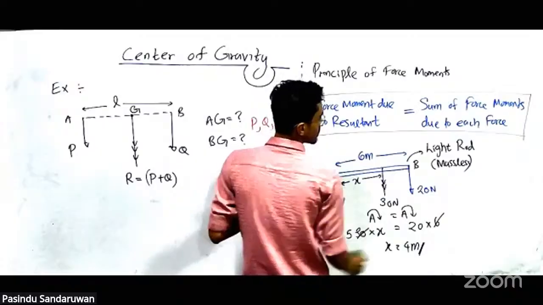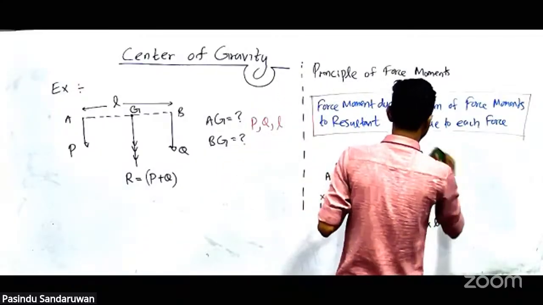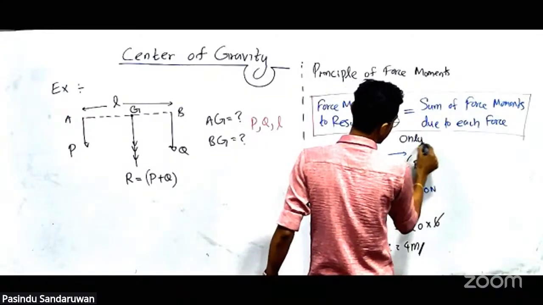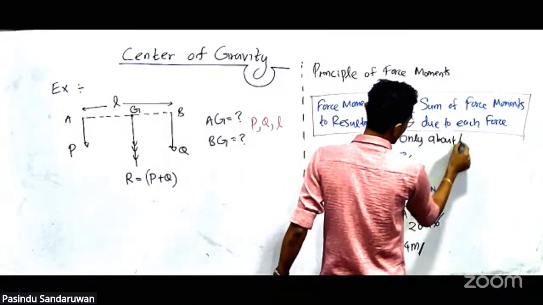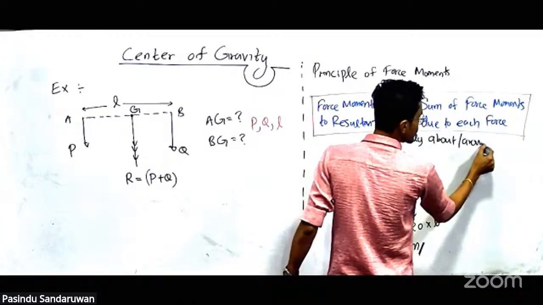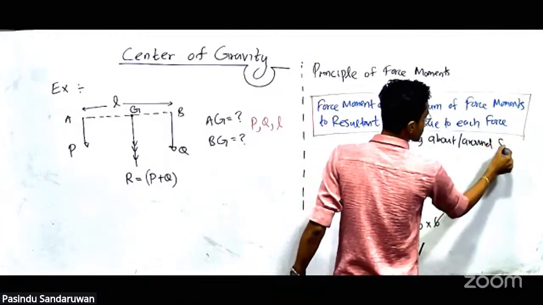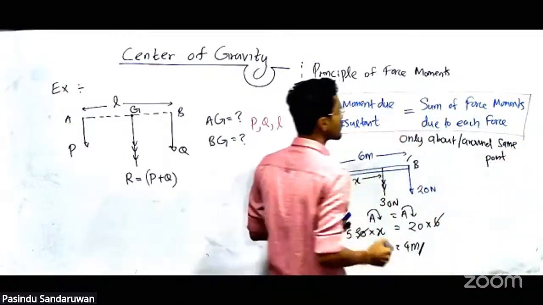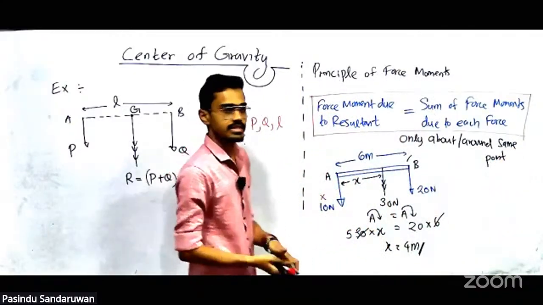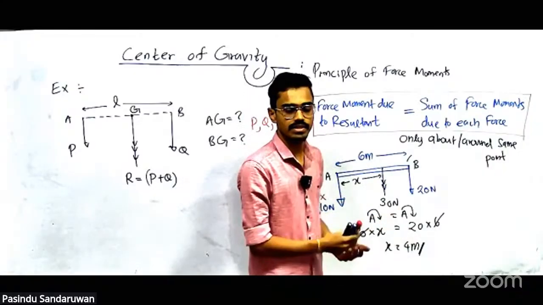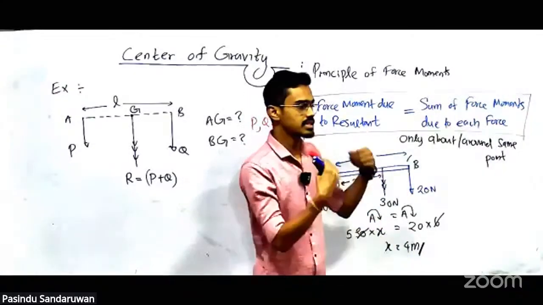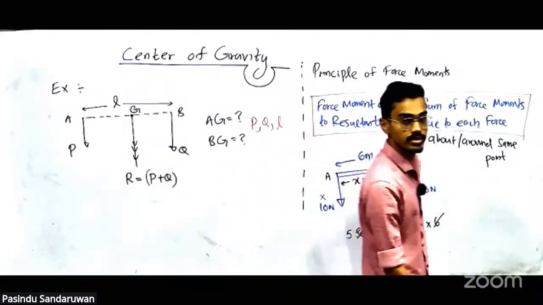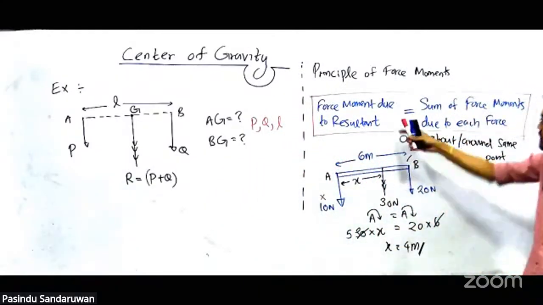Now, if you are confused, this is only about or around the same point. If you consider B, you have to write both sides around B. If you consider any other point other than A and B, both sides must be about that same point.